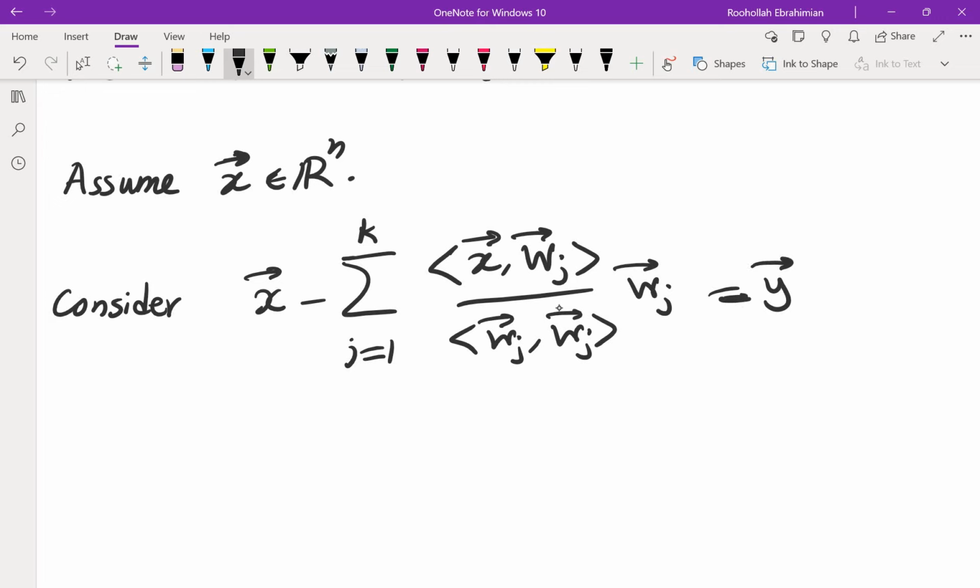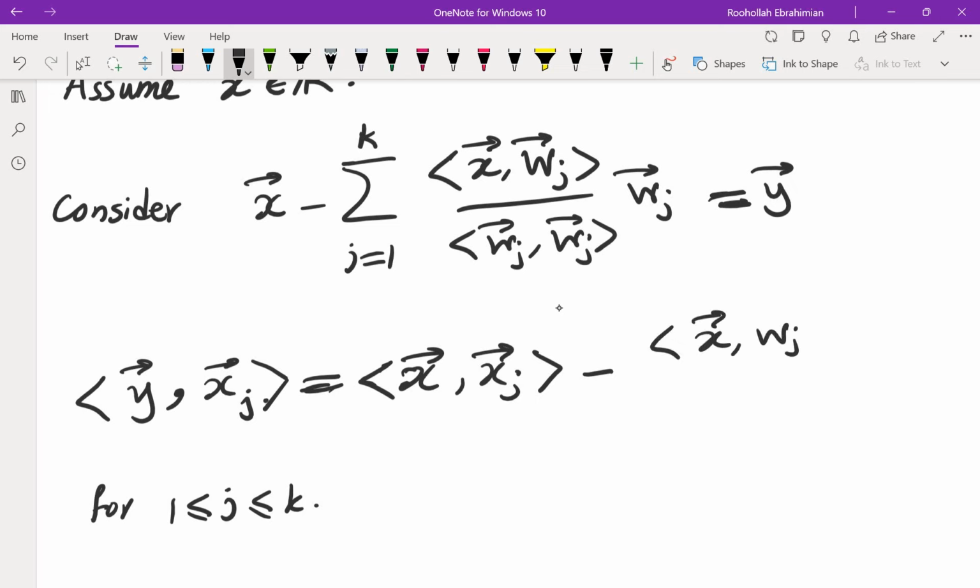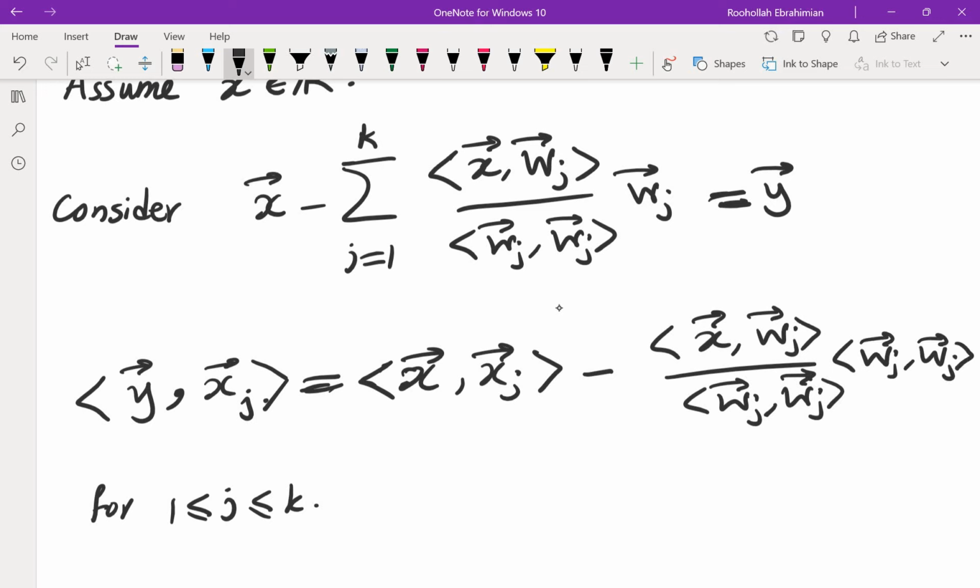Let's call that Y. The inner product of Y and Wj is the inner product of X and Wj, minus, for j between 1 and k, all of the inner products are 0 because the Wj's are orthogonal to each other, except for one of them, X Wj over Wj Wj times Wj, which means this is exactly 0.